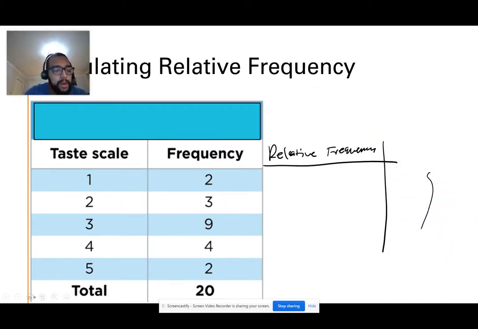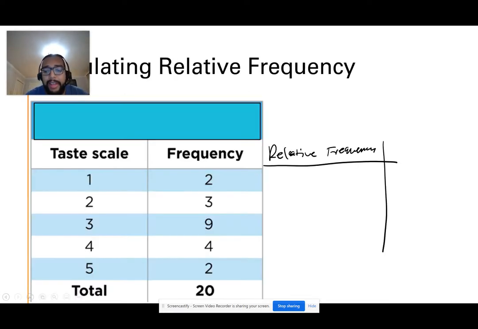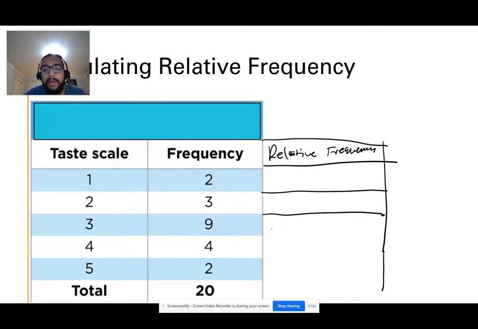So when calculating relative frequency, you need to make sure you have the frequency counts, and you have the total as well. So right here, they already gave us a total. That was nice. The relative frequency, remember, is just kind of like the part over the whole.